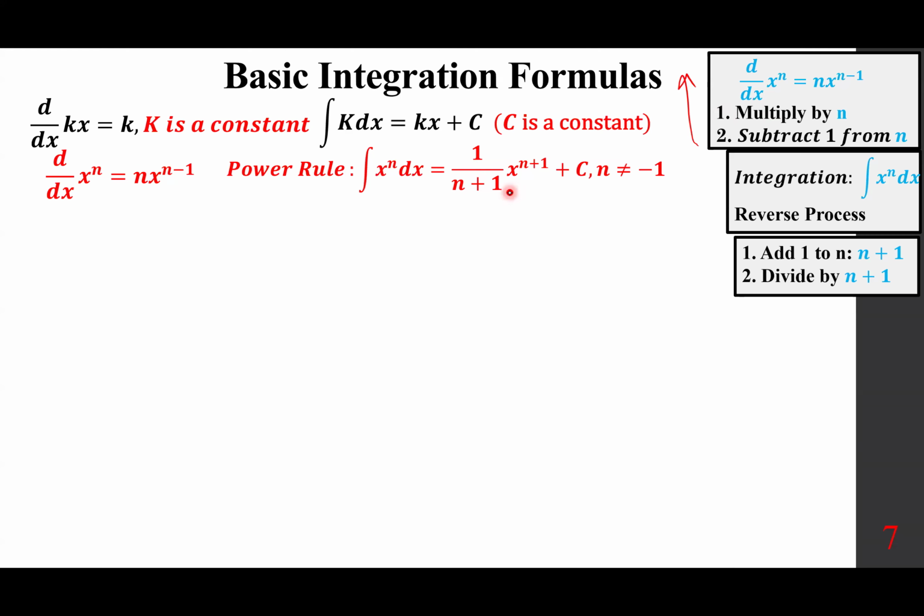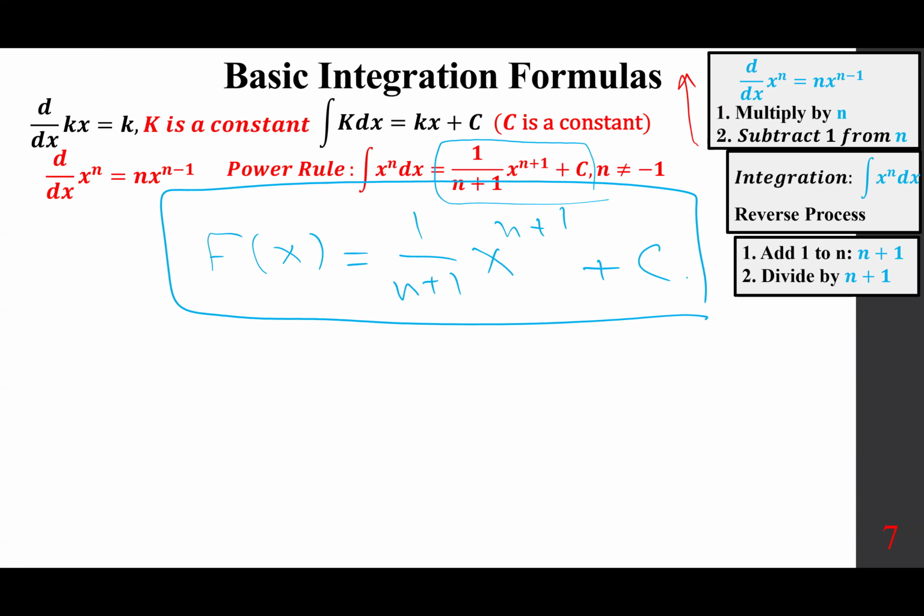Okay. However, let me also prove that to you by looking at this right side and saying, let capital F of x represent the right side. And now I'm going to differentiate.